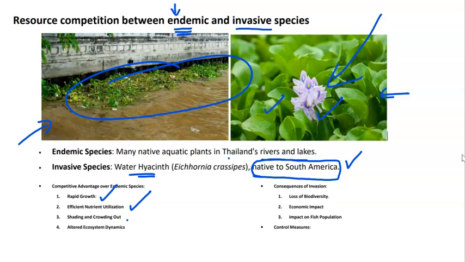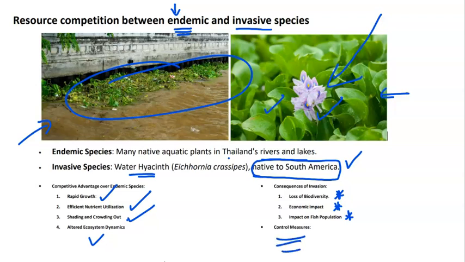And in this particular case, it shades out other local plants, it crowds them out, and it alters the ecosystem dynamic there. And we have a loss of biodiversity. The natural plants and animals which should be growing in these river systems are outcompeted. And there can be economic impact, particularly as it relates to fish populations.